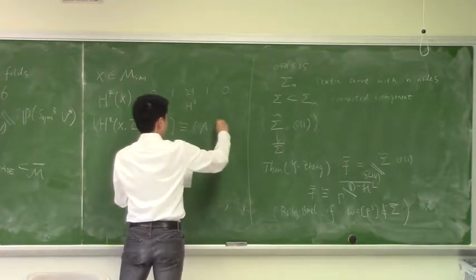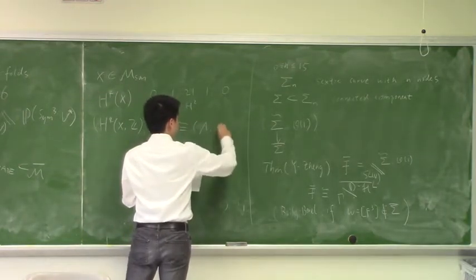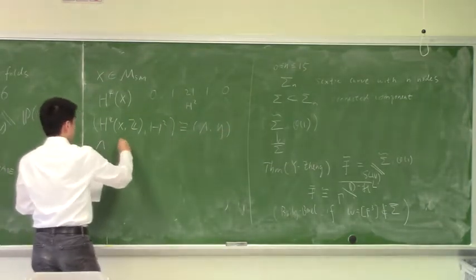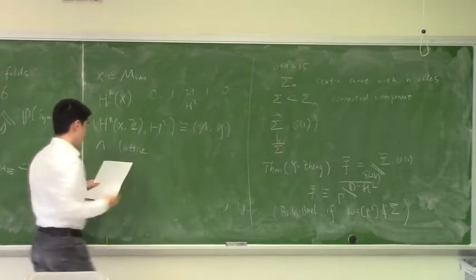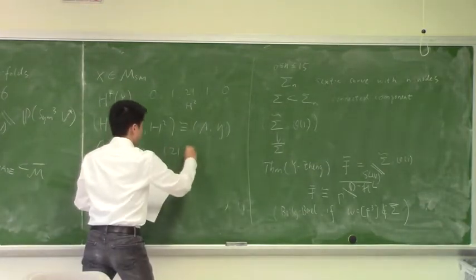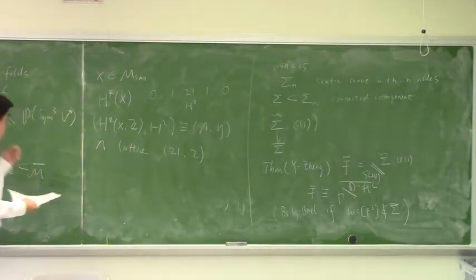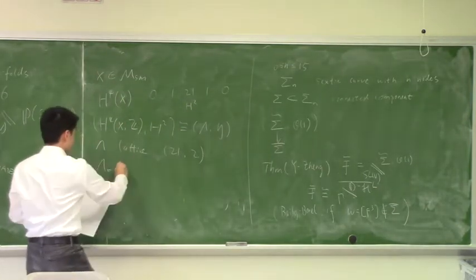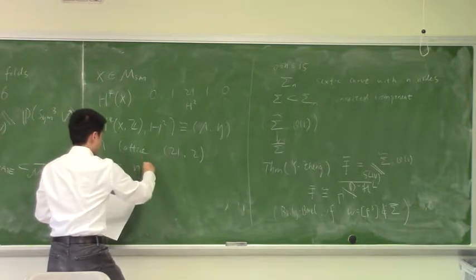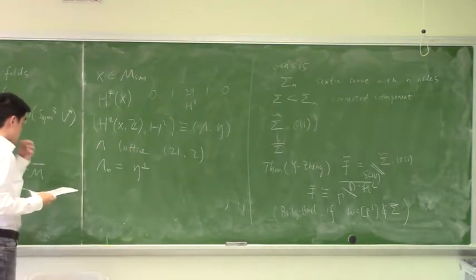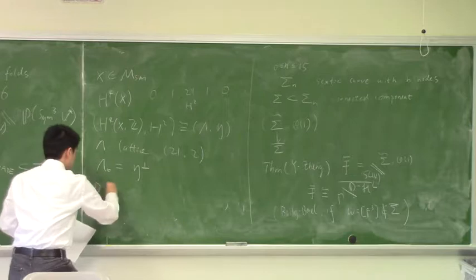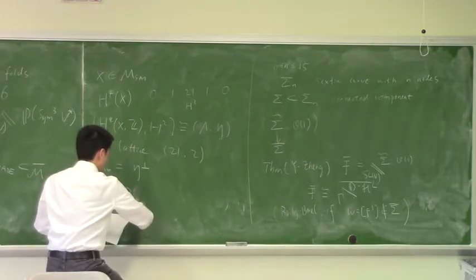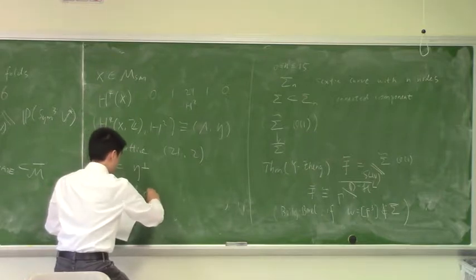Now Lambda is a lattice of signature (21, 2), and we consider the orthogonal complement of H squared. Then the type 4 domain is similar. So it's one of the connected components of the isotropic lines.